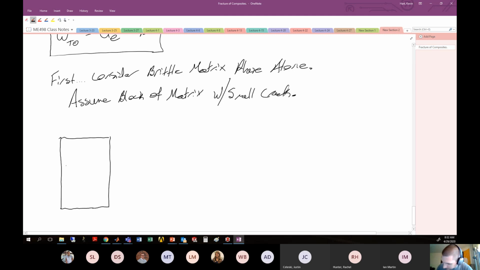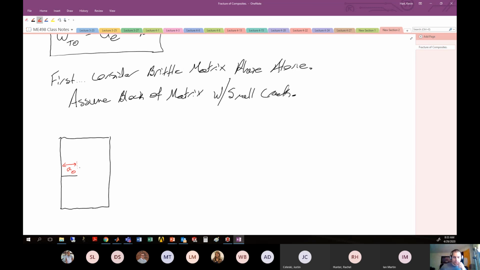So here's our matrix material. We've got some crack in it here on the side. I'm kind of exaggerating this. So let's label this. I'll call this A0. This is the initial crack length that we have to work with.